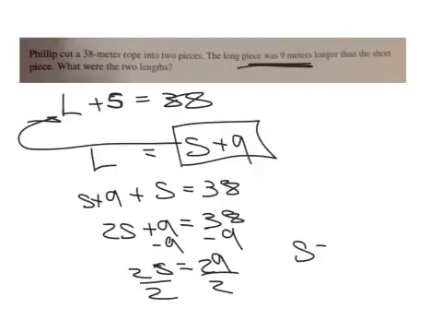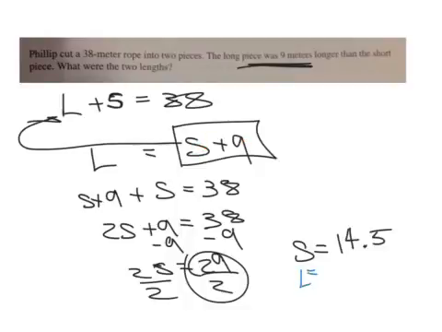And the length of my short one is 29 over 2. What is that? That is 14 and a half. Okay. The long one then is 14 and a half plus 9. So the long one is going to be 23.5 because I just took S as 14.5, put it in here, added 9, and that gave me the length of the long one.